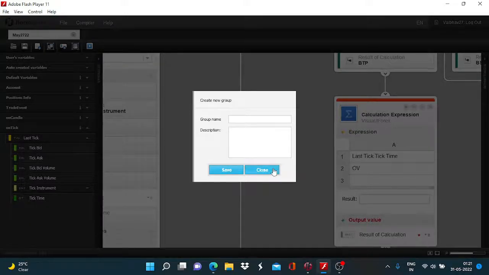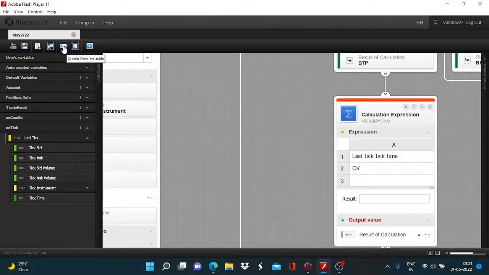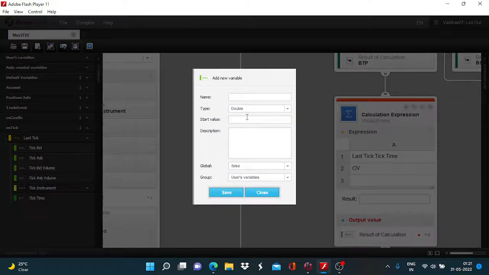Oh, not new group, we need a new variable with the start value of 4.